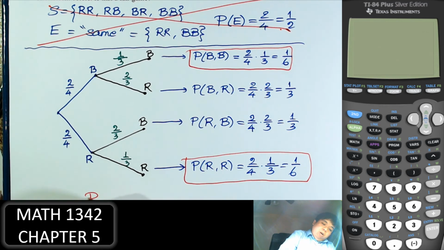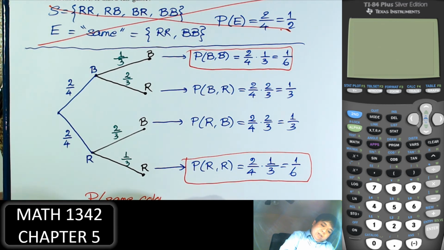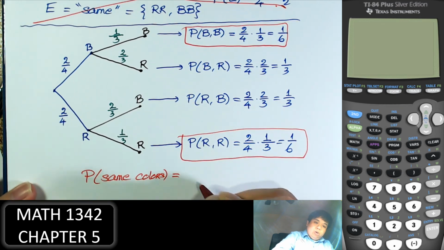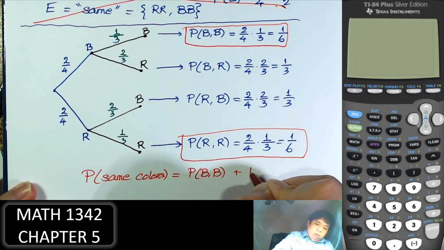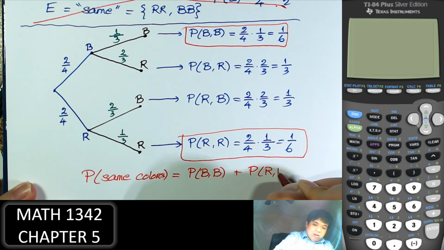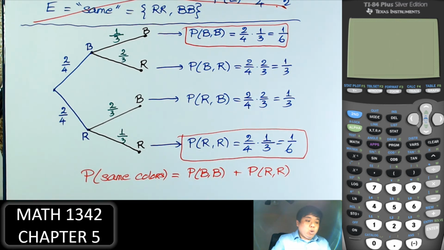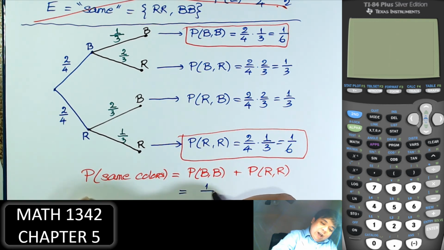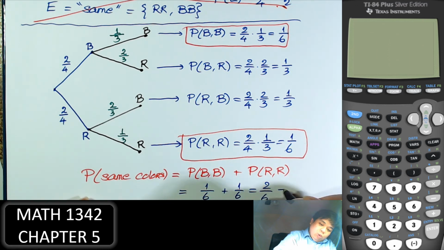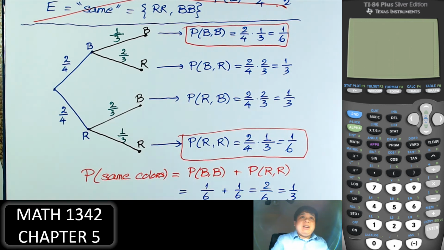So the probability of the same color equals the probability of getting a black and a black card, or the probability of getting a red and a red card. Those two are mutually exclusive, so we're just going to add them. So 1/6 plus 1/6, which is 2/6, reduced to 1/3. Now that makes sense, right?